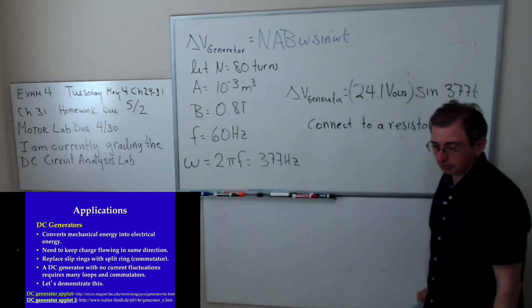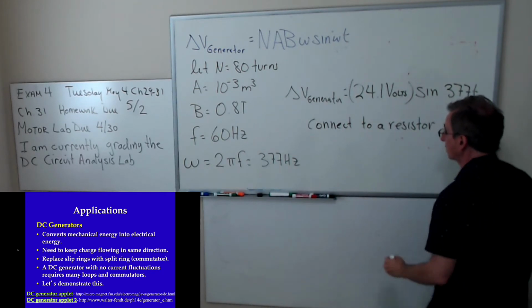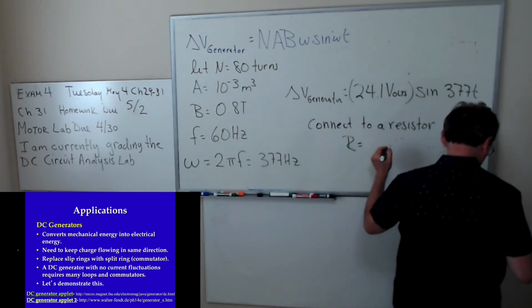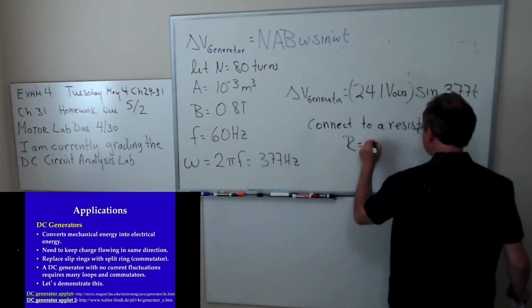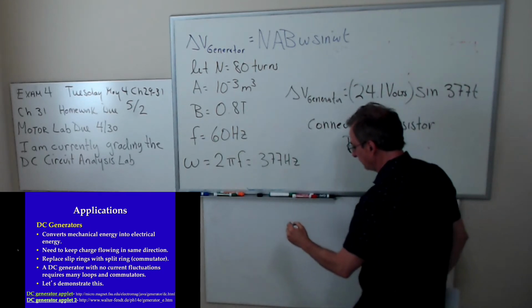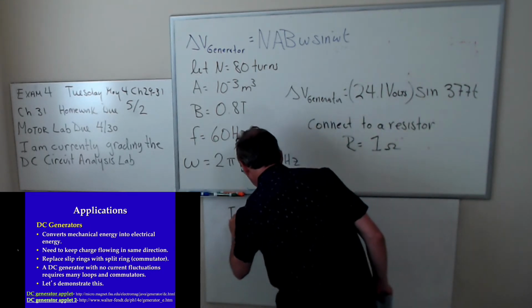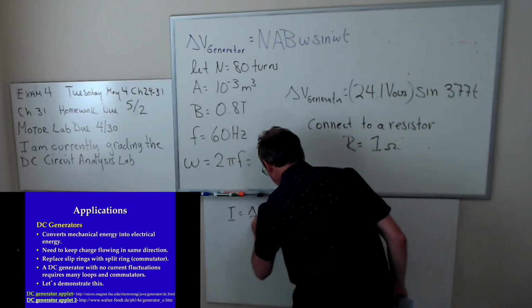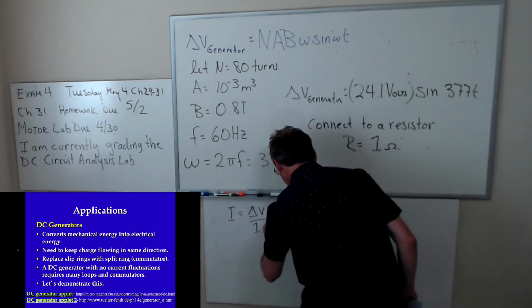Suppose I connect my generator to a resistor, whether it's a light bulb or whatever. And let R equal 1 ohm, make life easy for us. Then my current is going to be huge, right? It's going to be delta V over 1.